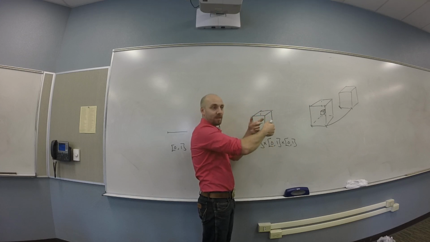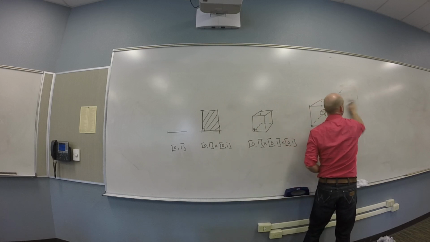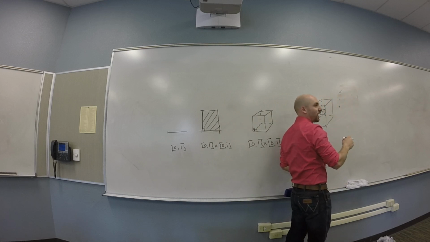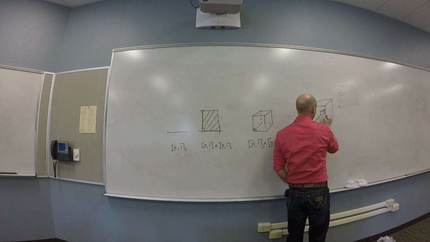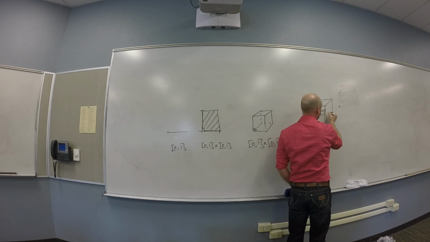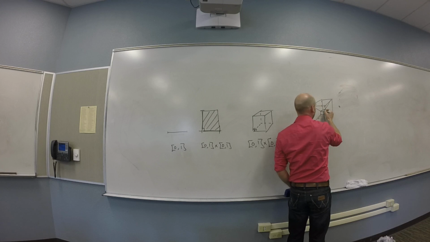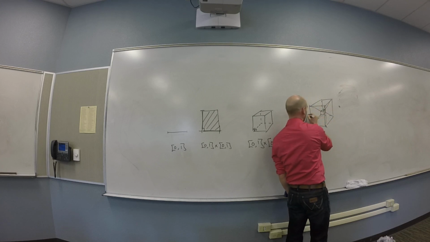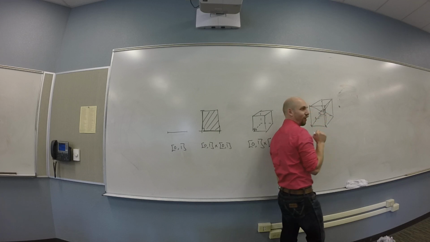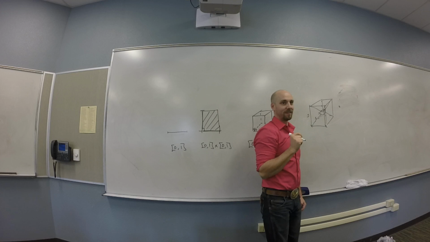So one way I could think about doing this is, instead of drawing that other cube over there, I could just envision it being the same size, and then connect the corners inside here. And every line that I've drawn, I'm just declaring these to be one long. Like that one's one long, this one's one long, that one's one long. And then I'm declaring all the angles to be perpendicular.